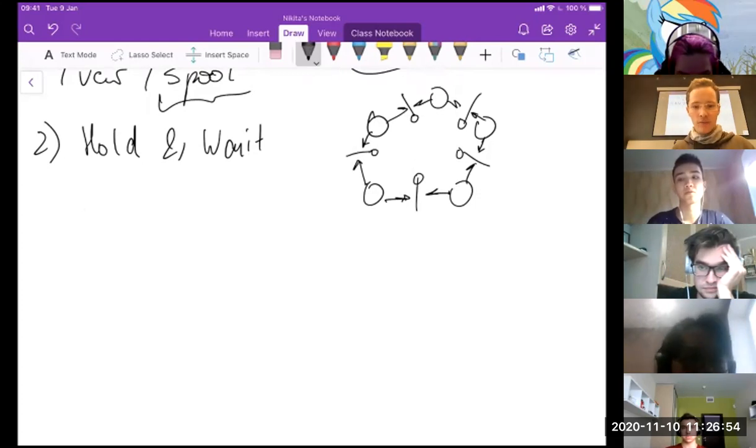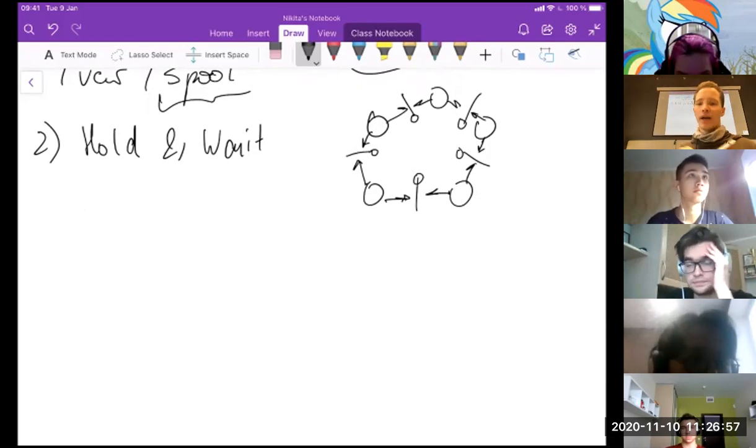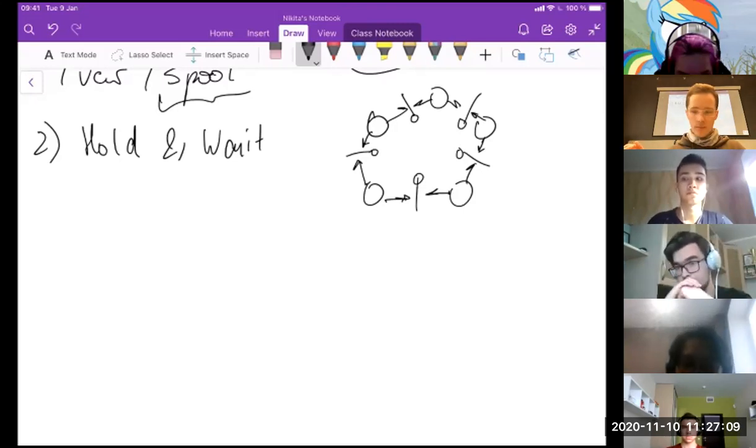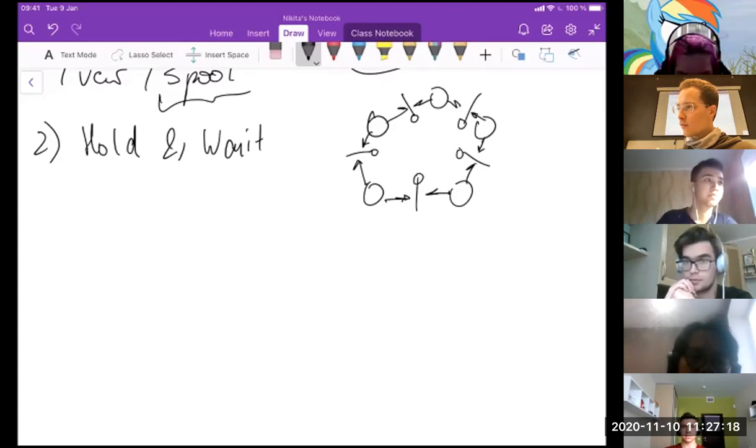So you program your system in such a way that you say, okay, I try to set a lock. If I fail, I just go to sleep. I do something else. I don't do busy waiting. I don't wait with this resource acquired. The process releases all the resources at all times and tries to acquire all of them at once.